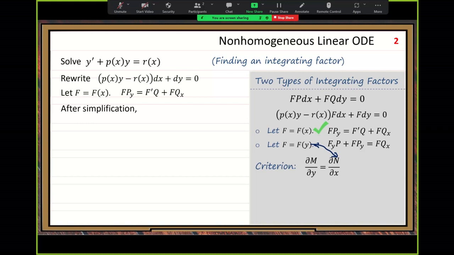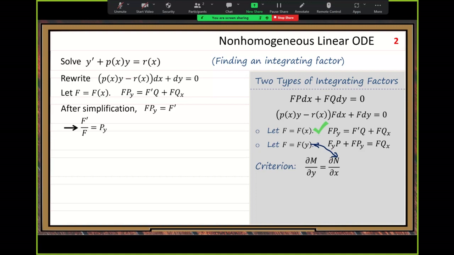This round, because q is 1, partial q over partial x is 0, so this term is gone. So we can make our differential equation as simple as this. So simple, we can solve it easily. So next, let's solve it.